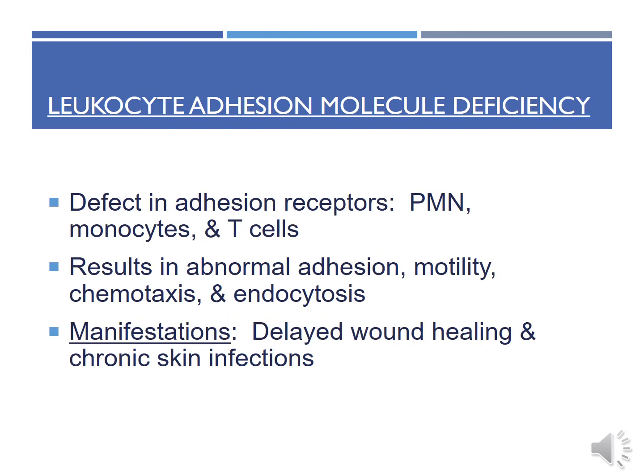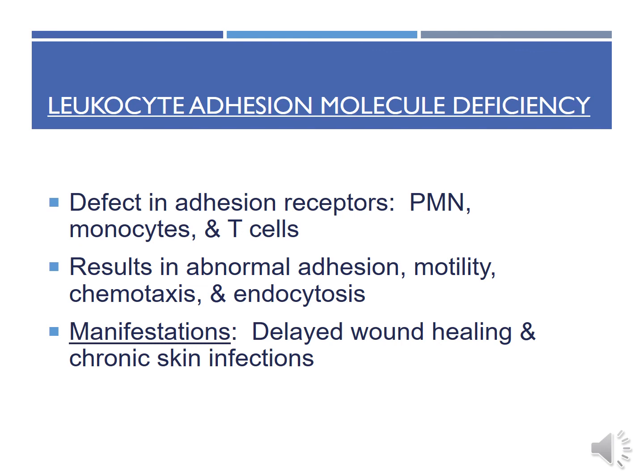And the last one is leukocyte adhesion molecule deficiency. Like I stated previously, the neutrophils cannot adhere to the walls of our endothelial cells. This causes abnormal adhesion, motility, endocytosis, and chemotaxis.